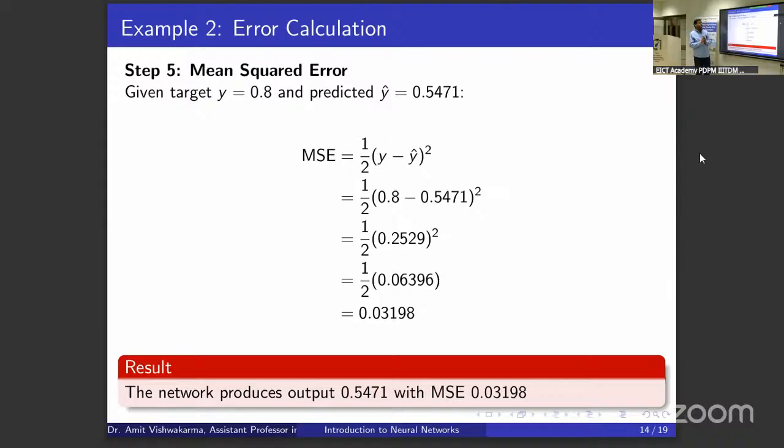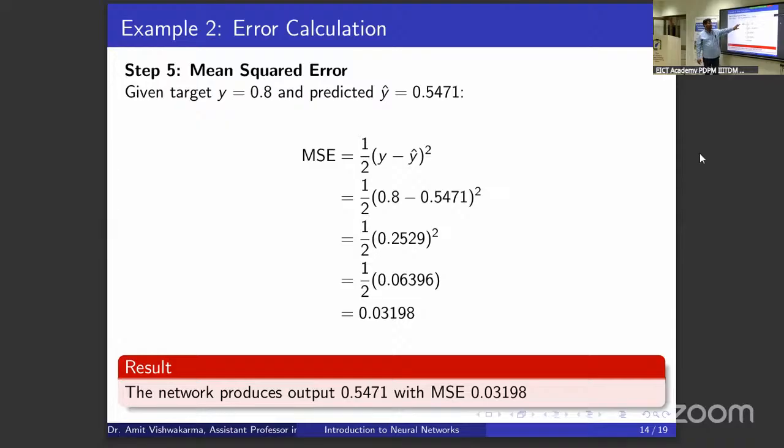So this error we compute using a formula called mean square error, defined like this: half of (y minus y hat) squared. Y is the actual target, 0.8. Y hat is 0.5471, which is obtained by the network. So 0.8 minus 0.547, take the difference, take the square.